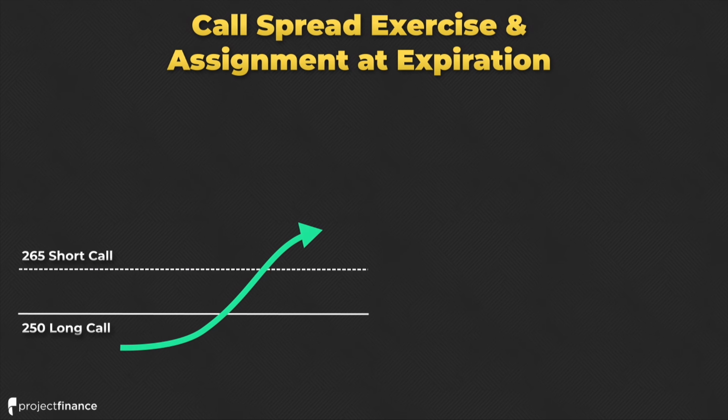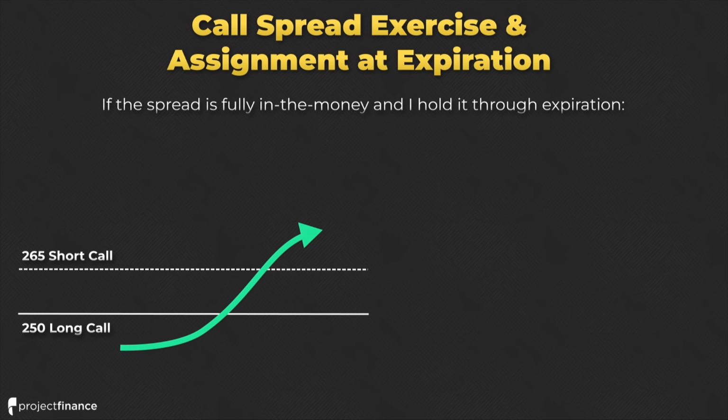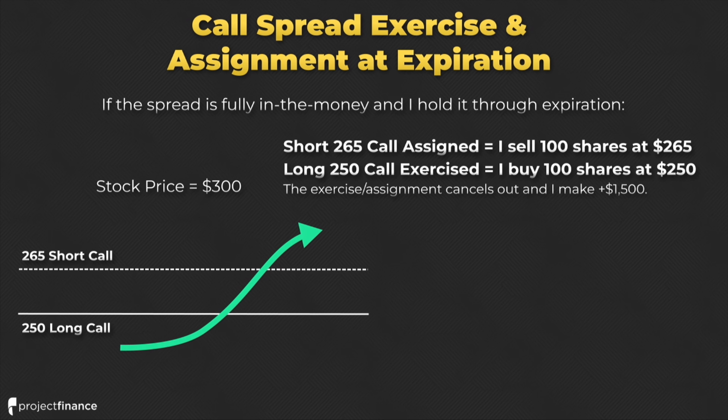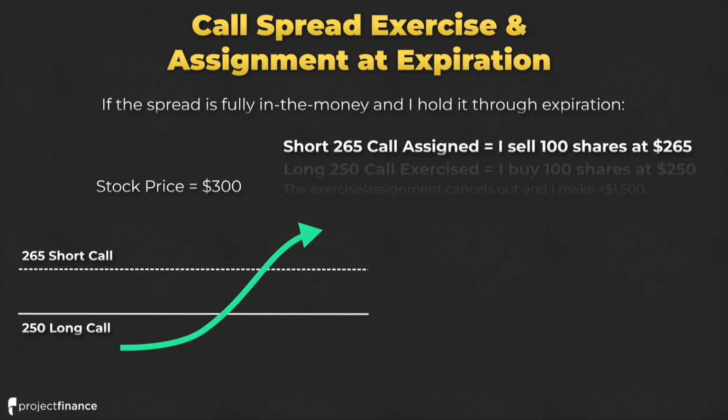Regarding exercise and assignment, if the spread is fully in the money and I hold it through expiration, both of these options will automatically get exercised and assigned. This means that if the stock price goes to, let's say, $300 and I hold this spread through expiration, the long 250 call will automatically be exercised and I will buy 100 shares of stock at $250 per share. However, the short 265 call will automatically be assigned, and that means I will sell 100 shares of stock at $265 per share.